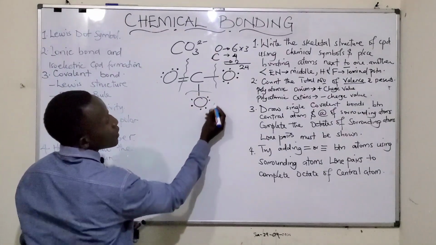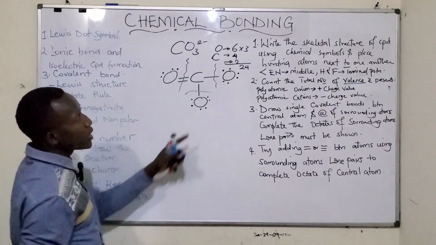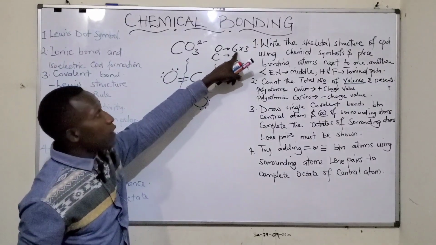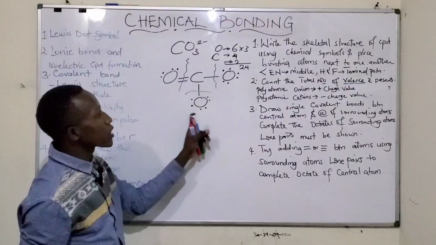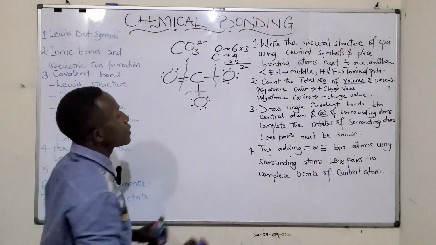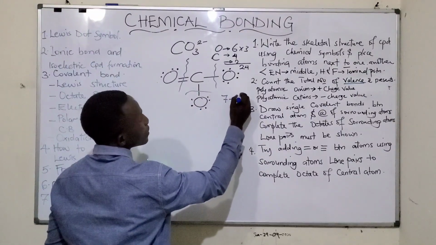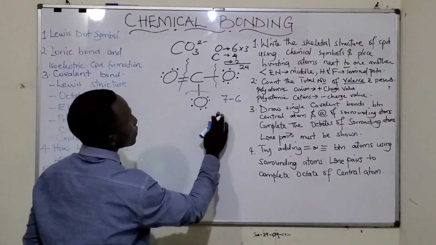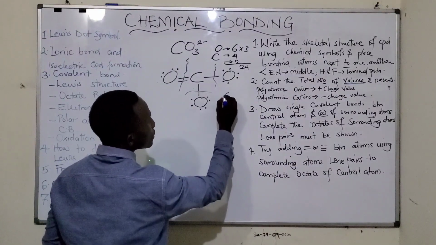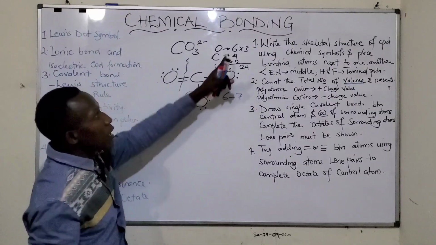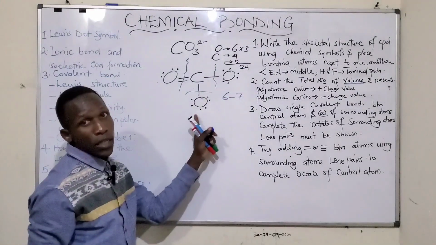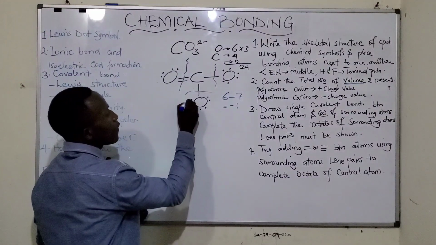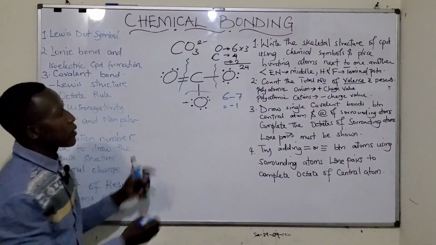It is having 7 electrons, but oxygen is supposed to have 6 valence electrons, while here the structure is having 7. So it is 6 minus 7. We take the valence electrons minus the electrons in the structure. So it is having -1. So we shall have minus on this oxygen.